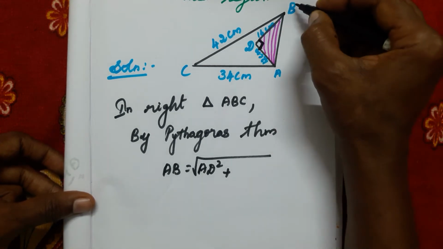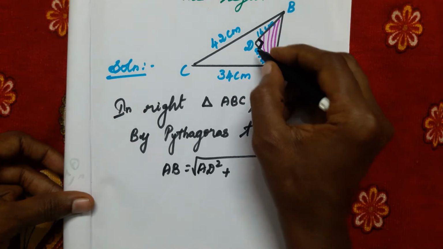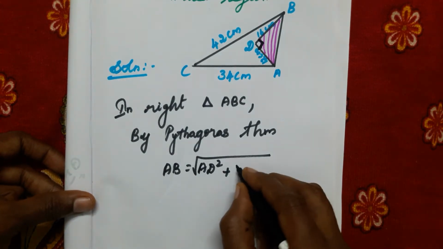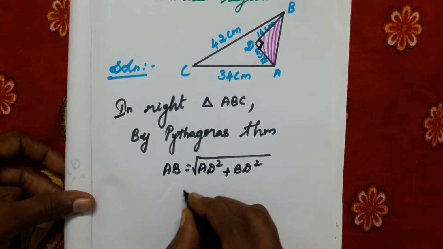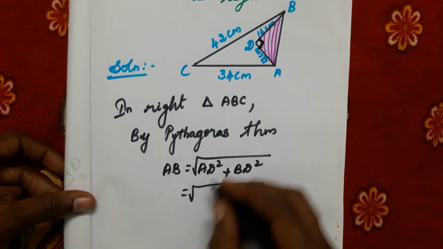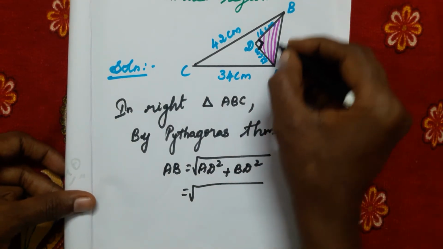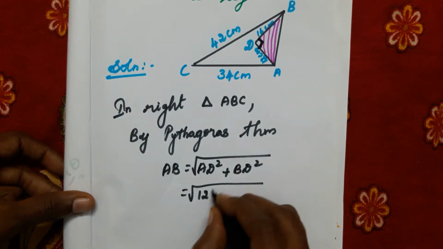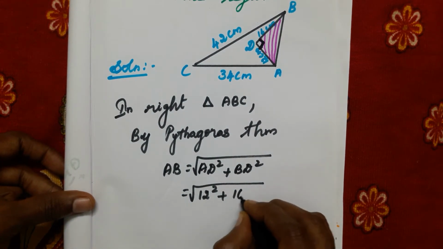So AB is equal to root of AD square plus BD square, which is 12 square plus 16 square.